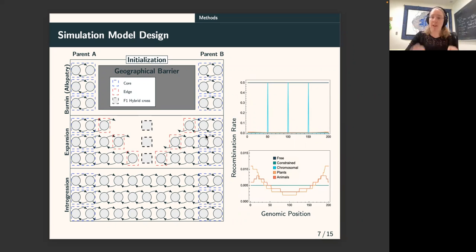During this process of expansion, we create these artificial F1 hybrid test experiments represented by these squares so that we can look at how heterosis accumulates during the process of range expansion. And then we let introgression proceed and we look at the patterns of introgression.